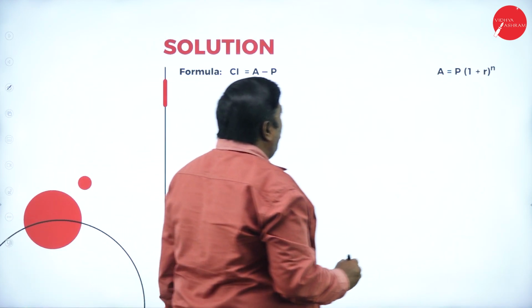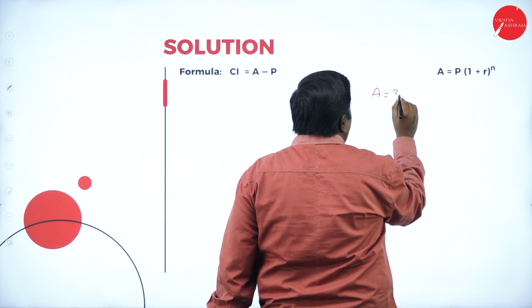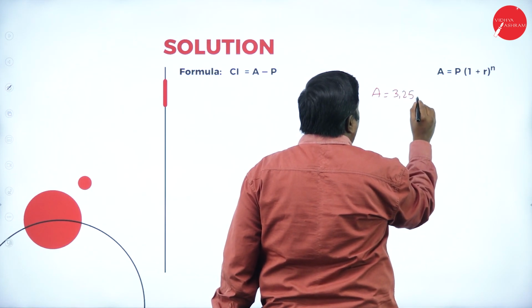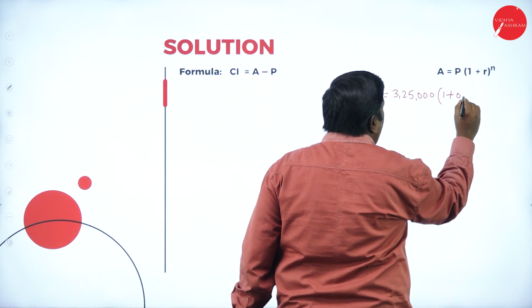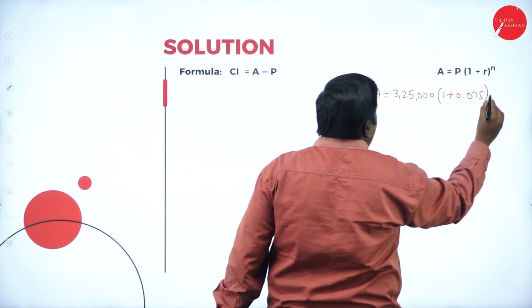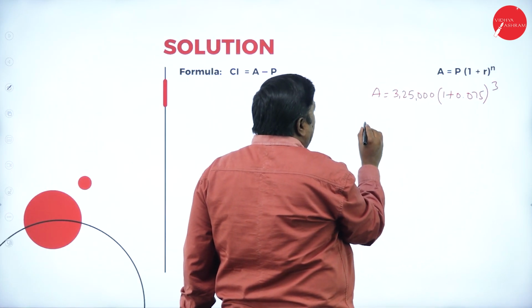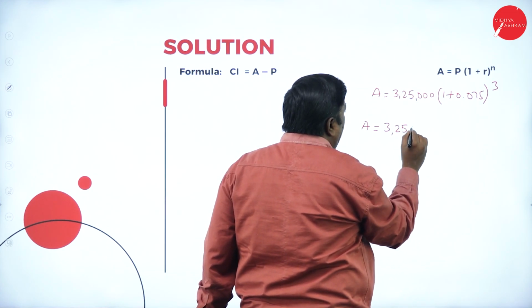0.075. Now, annuity is equal to 3 lakh 25,000 into (1 plus 0.075) to the power of 3 years.